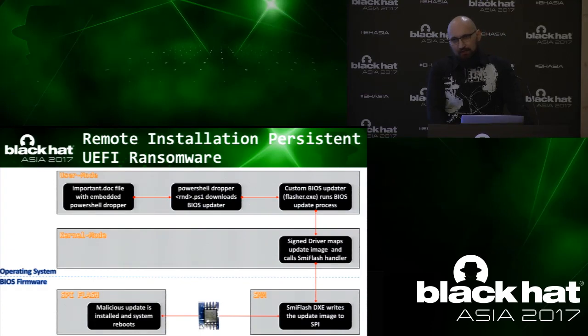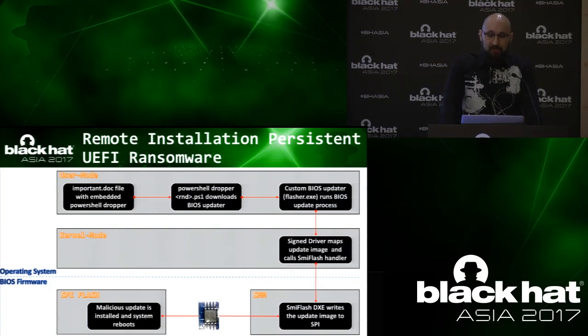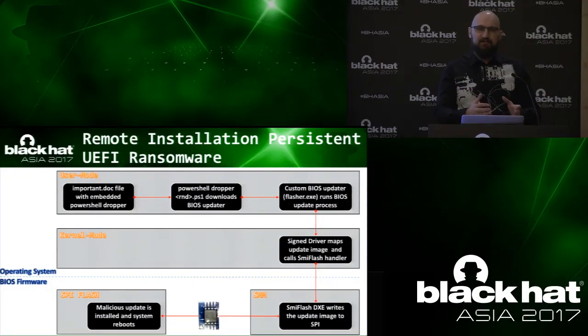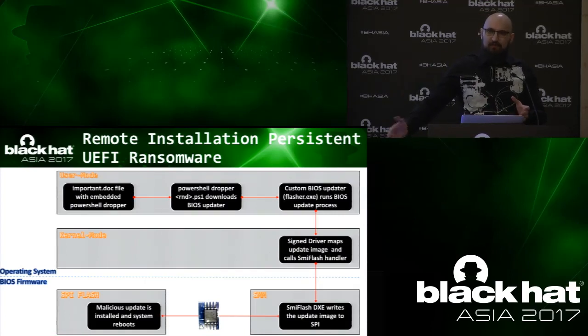So how does our UEFI ransomware PoC work? We have a doc file with an embedded PowerShell dropper, and the PowerShell dropper downloads a BIOS updater and delivers, through the legitimate BIOS updater software by Gigabyte, a custom BIOS update to the SPI flash.